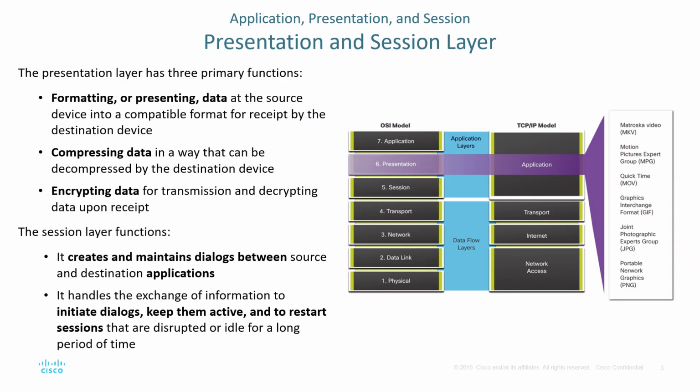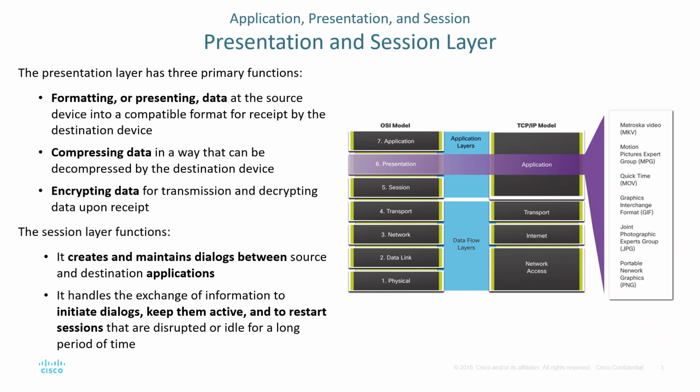Now, your presentation layer has three primary functions: formatting or presenting data at the source device into a compatible format for receipt by the destination device. So, when you're thinking about presenting, how does it look? Is it a movie? Is it a video?